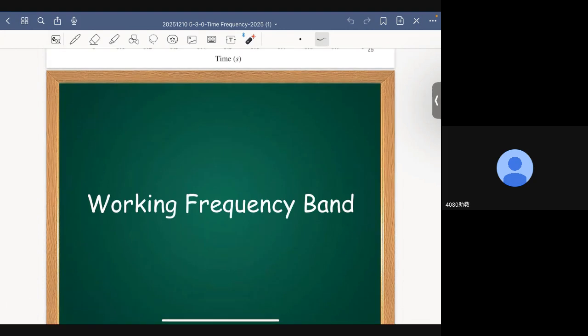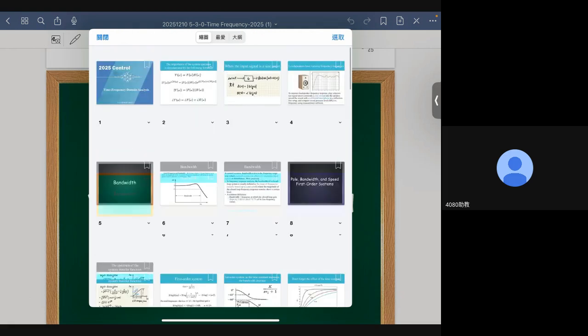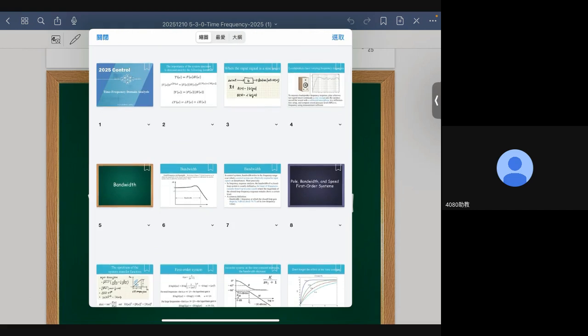All right. Now, let's introduce another concept related to bandwidth. That is working frequency bands. What do we want to talk about working frequency band after knowing that bandwidth has already been defined, and we already know the impacts of bandwidth on the speed of response of the system?